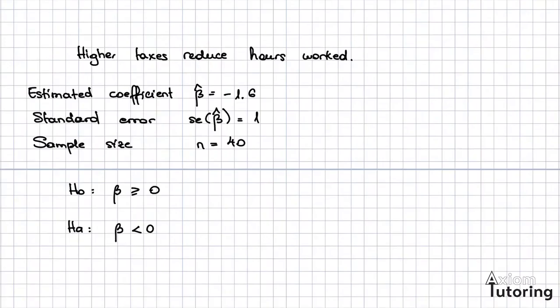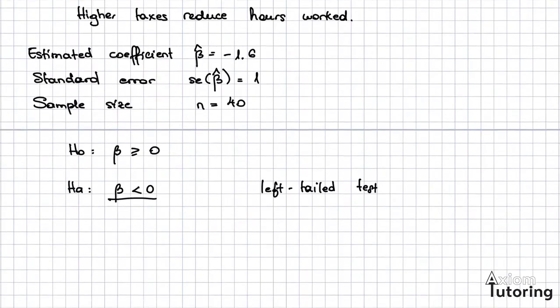So because the alternative is directional, this is a left-tailed test, okay? The next step would be to use the information that we are given in here so that we can really assess whether this estimate is sufficiently negative.